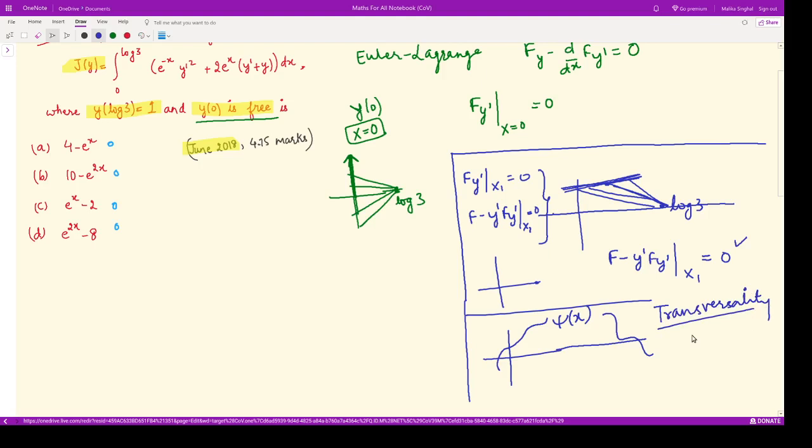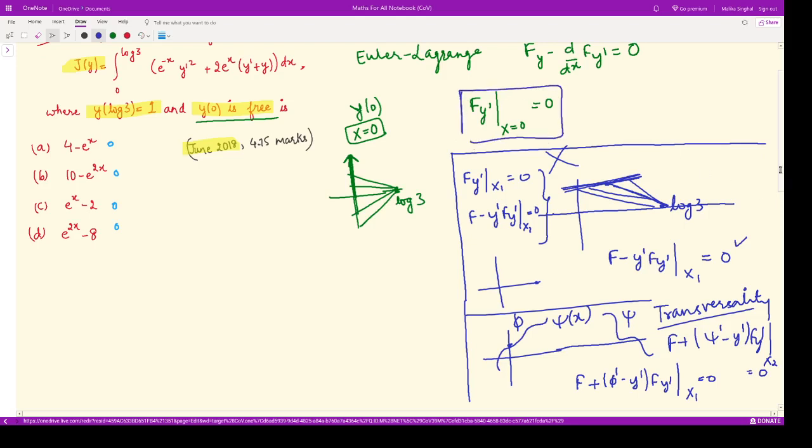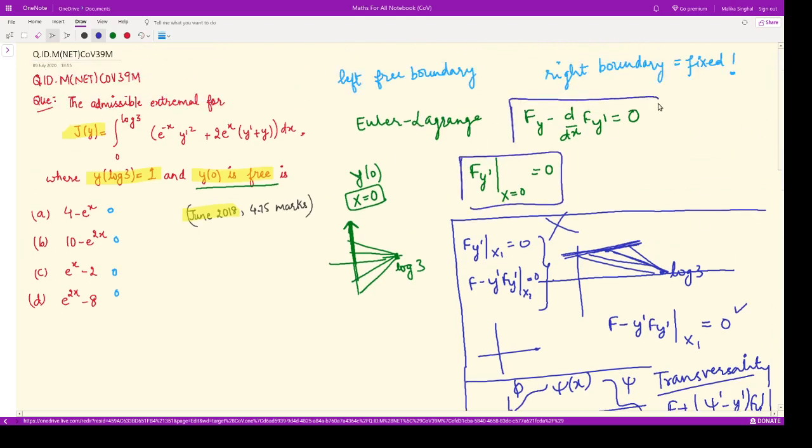They are f plus psi dash minus y dash f of y dash at the point specified, say x2, is 0 if this is psi and this is phi, and another condition is f plus phi dash minus y dash f of y dash at the point x1 is equal to 0. Anyway, in our question these are not required, so let us focus on these two conditions as of now. So let us get started with the solution.